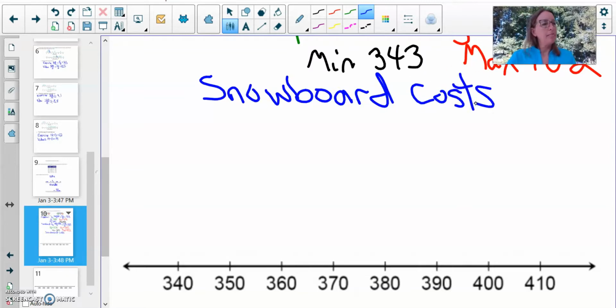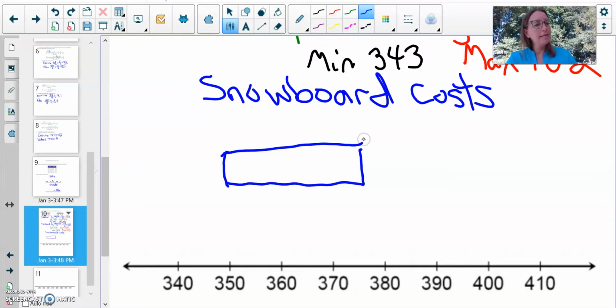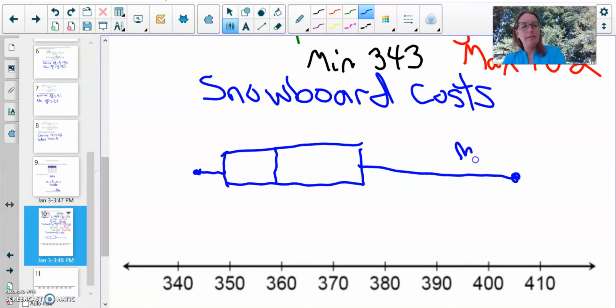Okay, I'm going to start with Middleton. So their first quartile was 350, third quartile 375. I'm making my box. Median 358, so about there. Minimum 345, maximum 405.